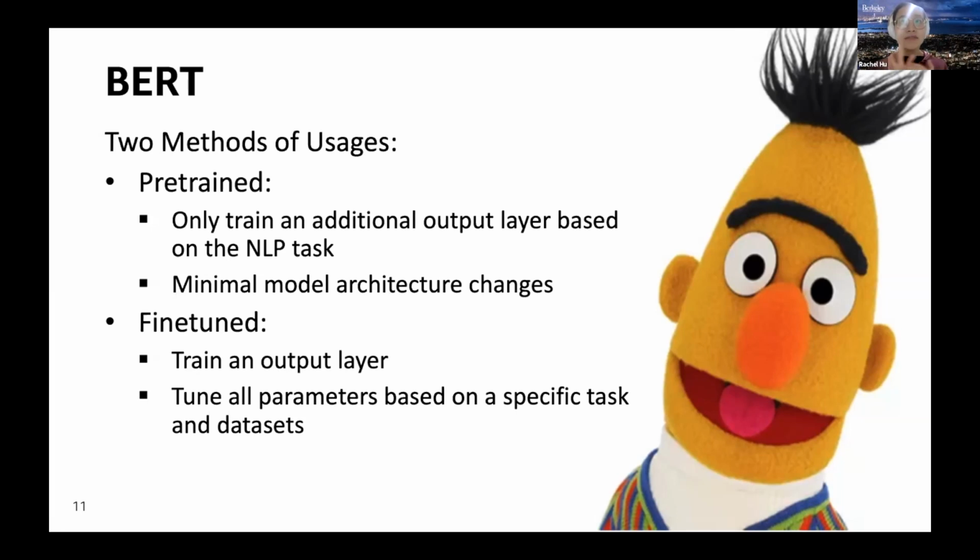And for example, if we're talking about the QA task, the question answering task, basically what we're going to do is predict which will be the start position in our given context and which will be the end position in our given context for our answers. So our answer will be extracted from our context, and we just need to predict whether it's a start position or an end position.